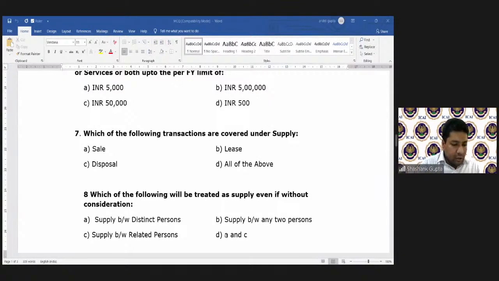Good, Kamal. Good, Aditi. Good, Nancy. Good, Shivani. Sanjay, your answer is incorrect. Vasant, your answer is incorrect, or rather partially correct.